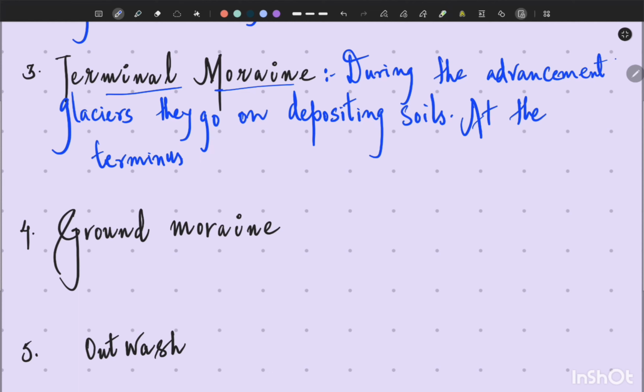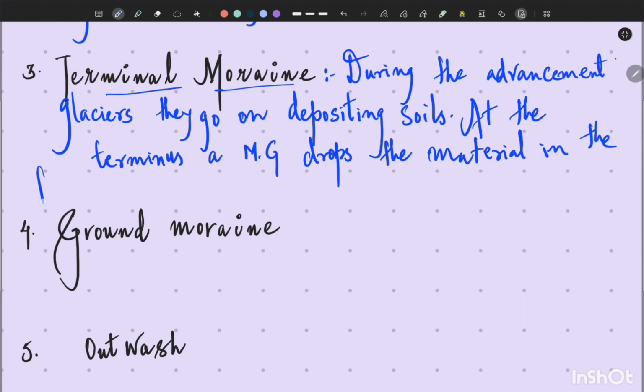So during the advancement of the glaciers, they go on depositing soils, and at the terminus, a melting glacier drops the transported material in the form of ridges.